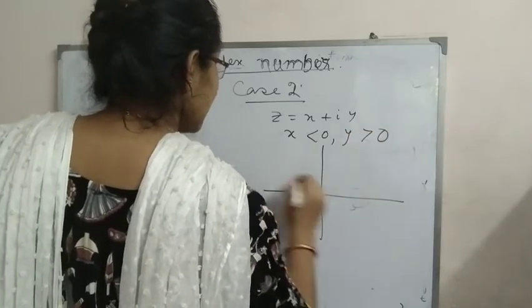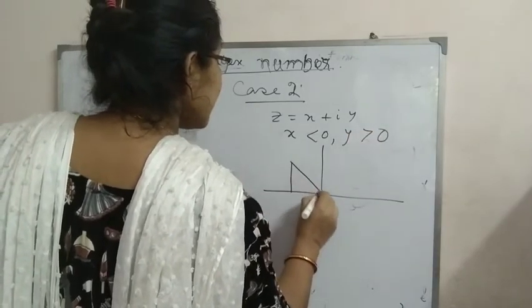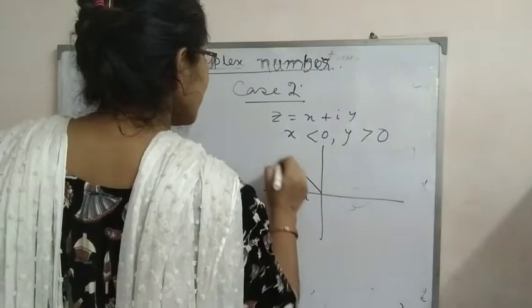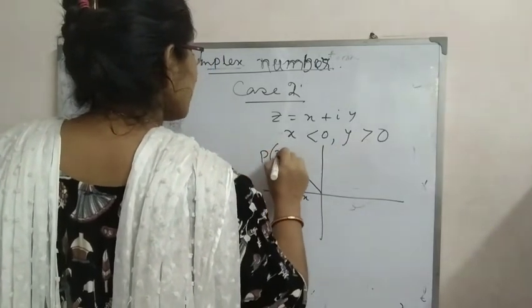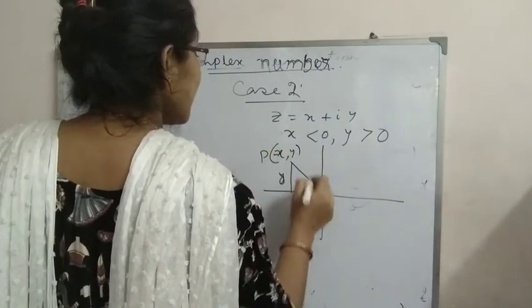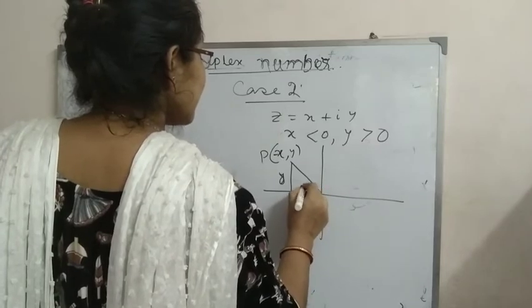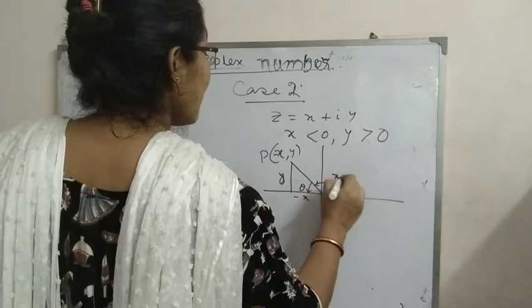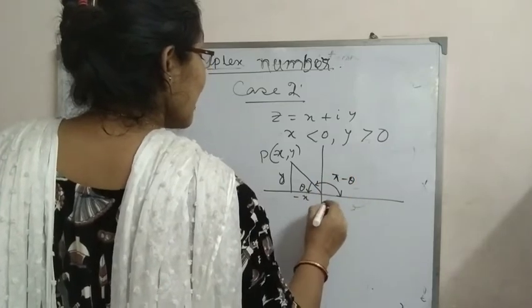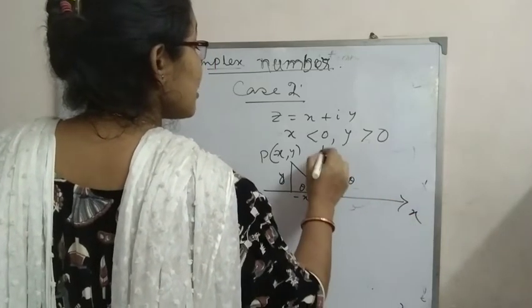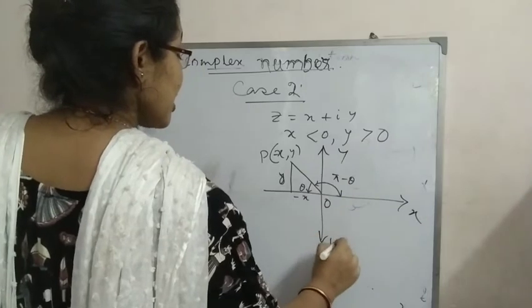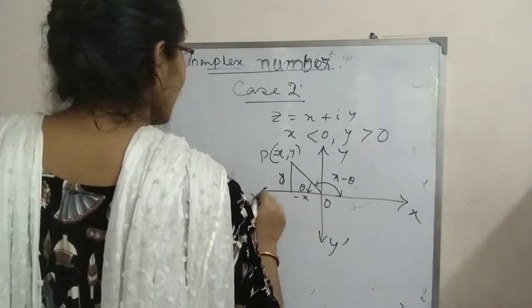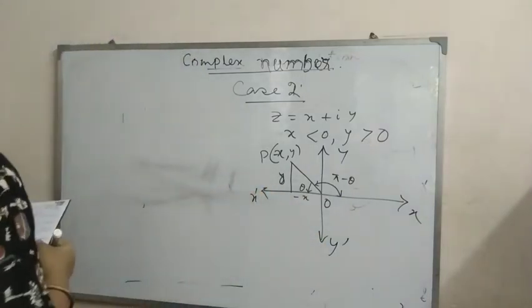That means P lies in the second quadrant, with minus x, y. This is P(minus x, y). This is theta and this is pi minus theta. And O, this is the real axis and this is the imaginary axis.